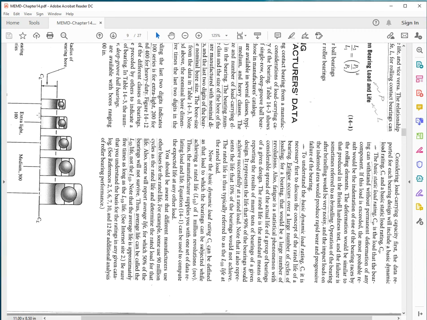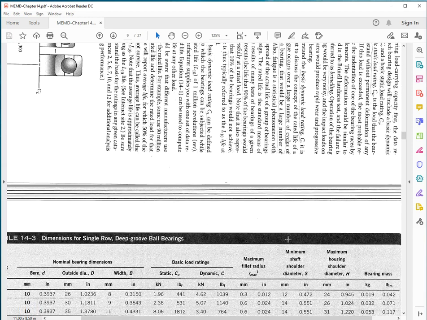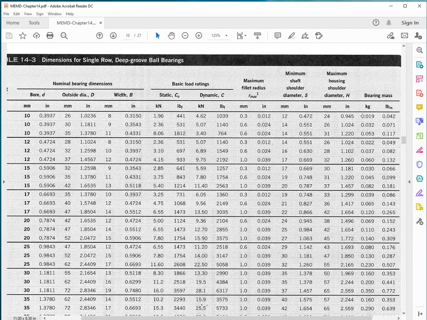So you see here there are fillet radii on both the inner race as well as the outer race, and the recommendation in this table is about the minimum shaft shoulder, the transition where the step of the shaft is, where the bearing goes.